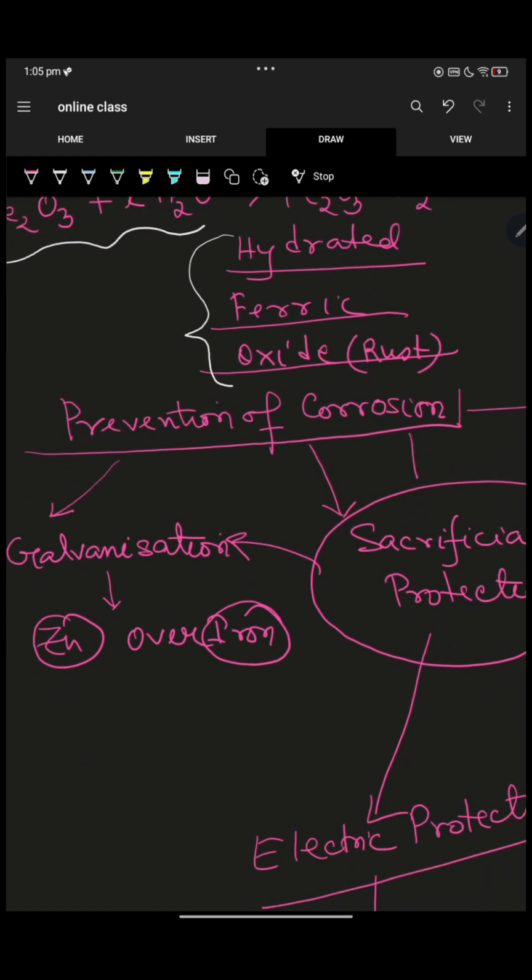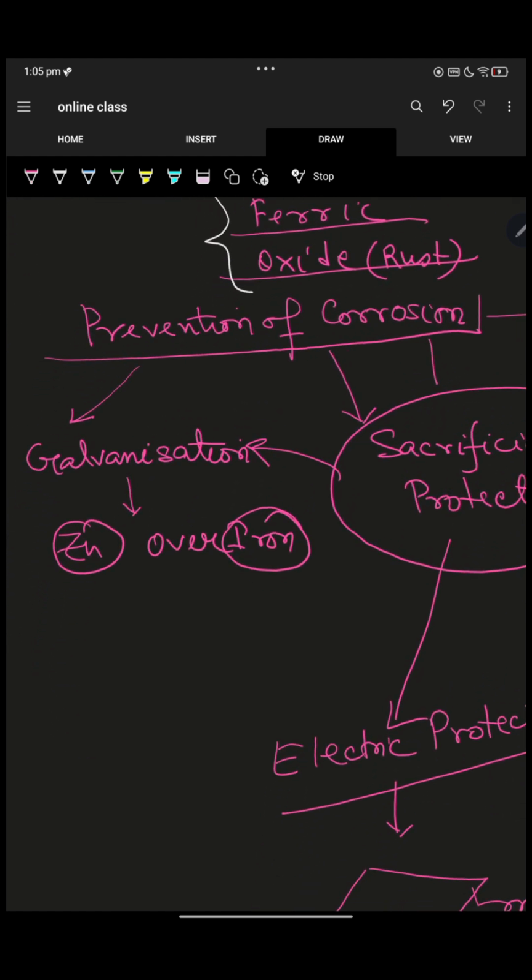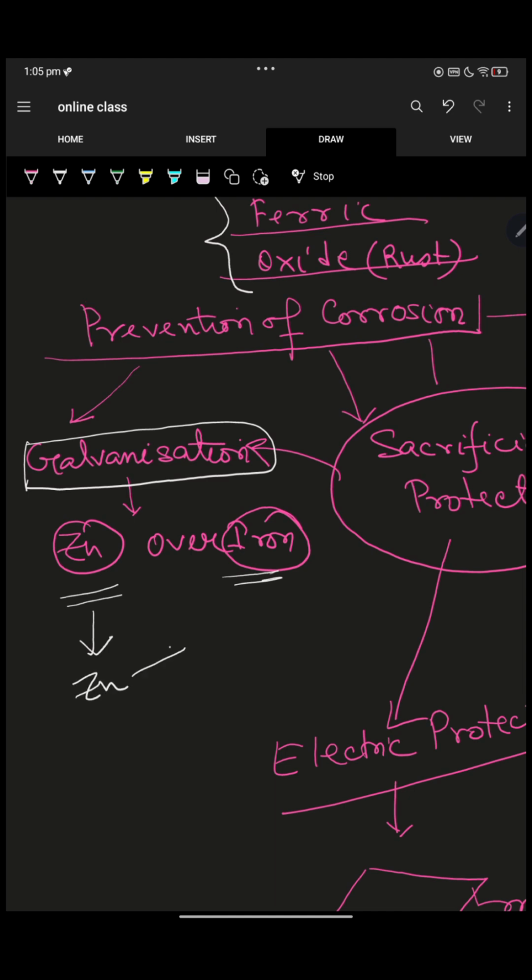Now this rusting can be prevented by methods like galvanization, which is giving a coating of zinc over iron, where zinc will preferentially get oxidized and form Zn2+, because it gets oxidized in preference to iron.